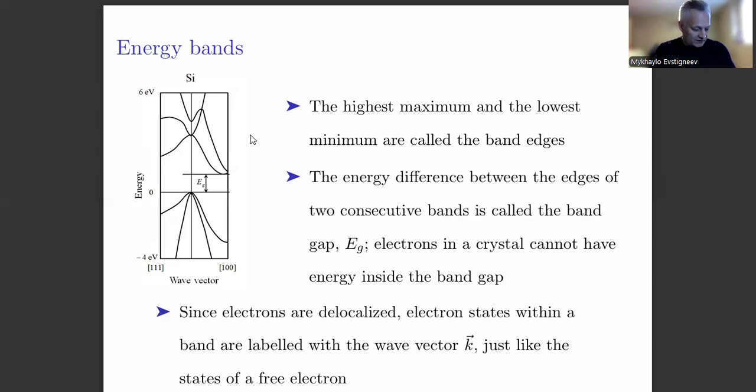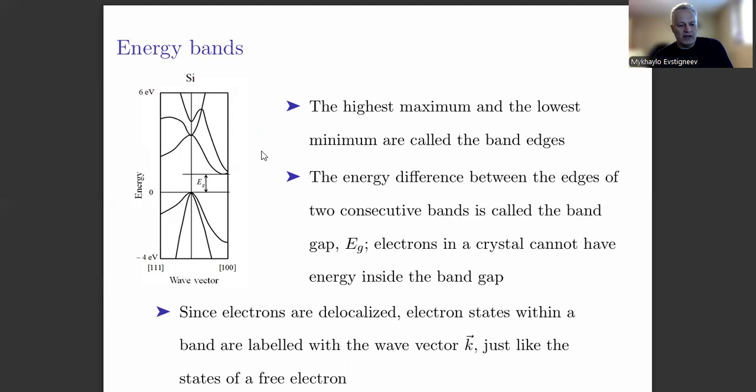So the kinetic energy of a free electron is proportional to the magnitude of its momentum squared. Now, in crystals, things are a little bit more complicated because different crystallographic directions differ from each other, right? So it can be expected that the energy of an electron will depend differently on the magnitude of the wave vector, the wave number, for different crystallographic orientations.